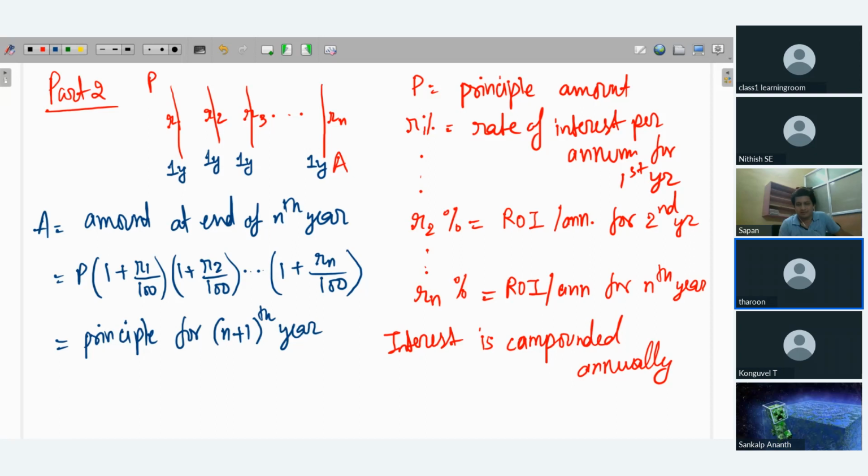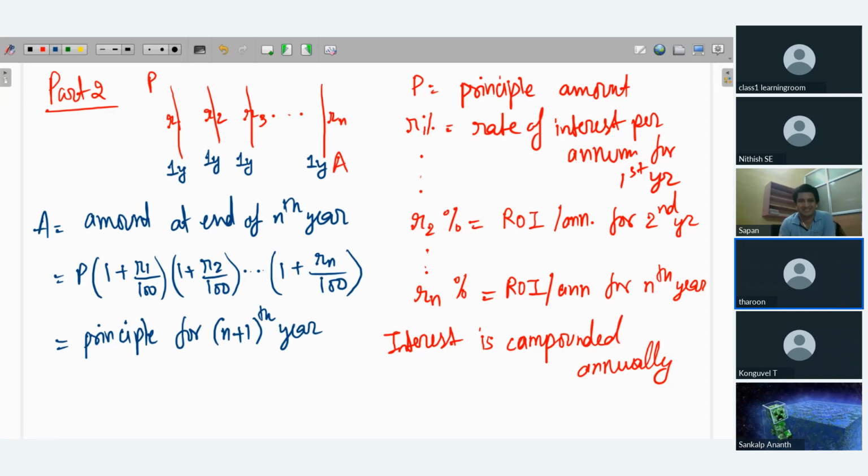Able to understand? Sir, this mute symbol is not showing whether I'm in mute or not on your screen. Even if I am in mute, it says that I'm in unmute, but you cannot hear me.